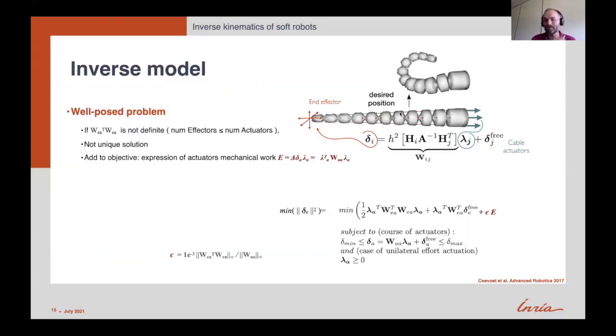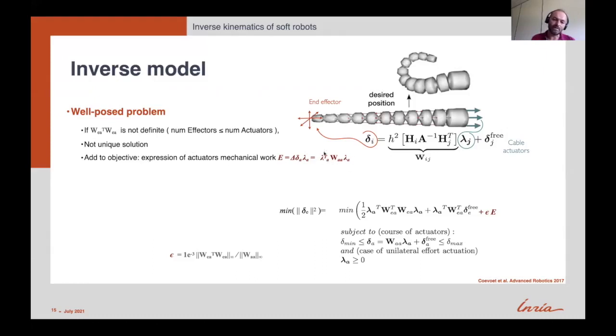As you have more cables, so the number of degrees of freedom of your cables, which are 8 here, are greater than the end effector position, which are 3 here, you have multiple solutions. When you have a position, you have multiple ways of actuating the robot to obtain the desired position. So to obtain a unique solution, you can add an expression of actuator mechanical work.